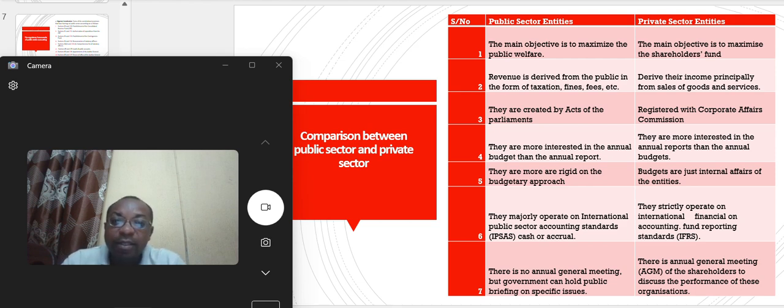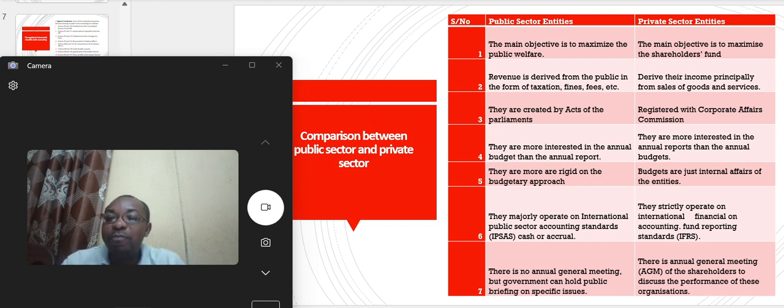So finally, public sector entities do not do AGM, annual general meeting. Rather, government can hold what we call public briefings on specific issues. Sometimes governments want to carry out certain things, and they will do a public briefing. But in the private sector, every company organizes what we call an AGM every year, an annual general meeting.